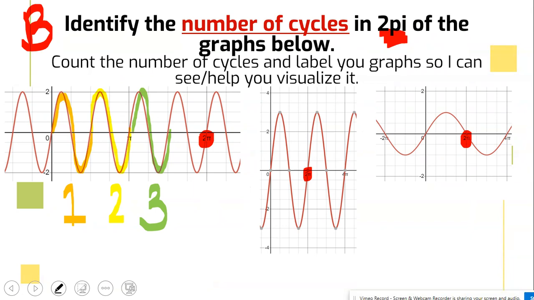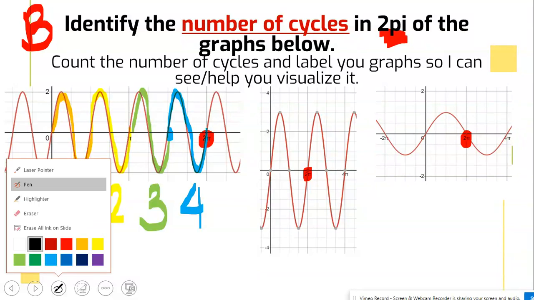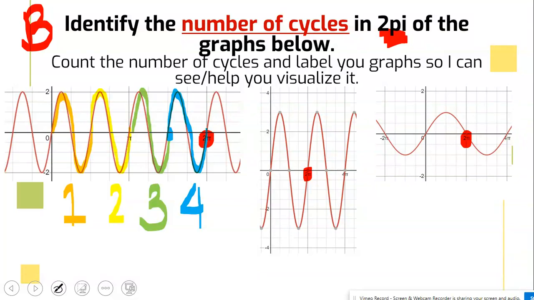And then the next one, which starts right here at 0 and ends at 0. We can visually see 1, 2, 3, 4 cycles of sine from 0 to 2 pi. So since there are 4 cycles from 0 to 2 pi, B is going to equal 4.